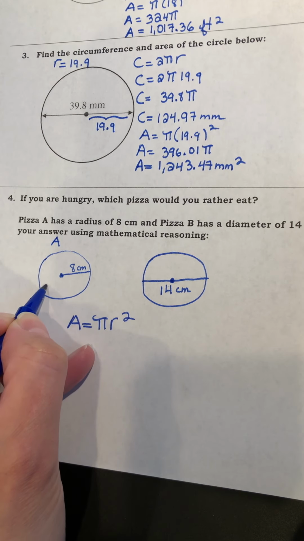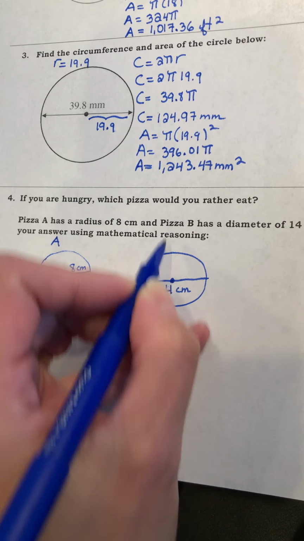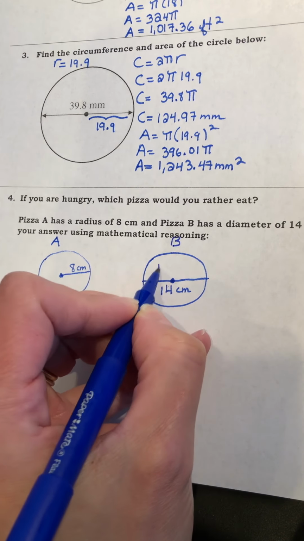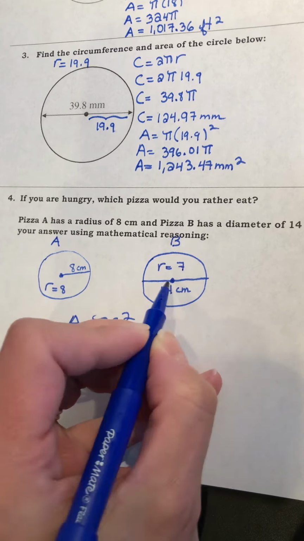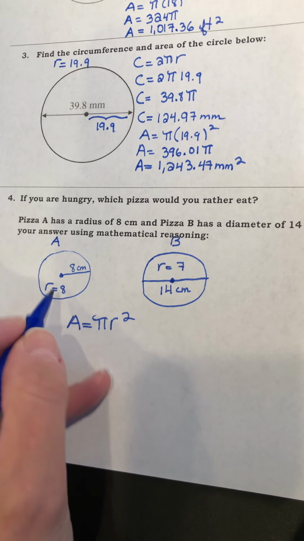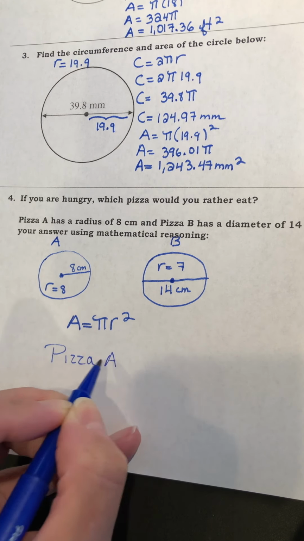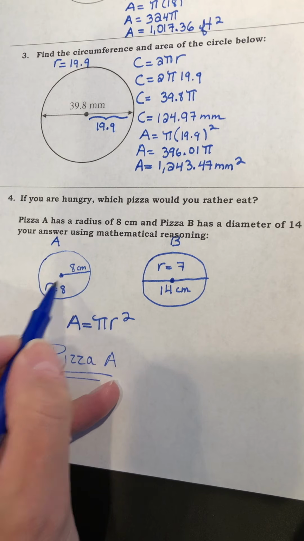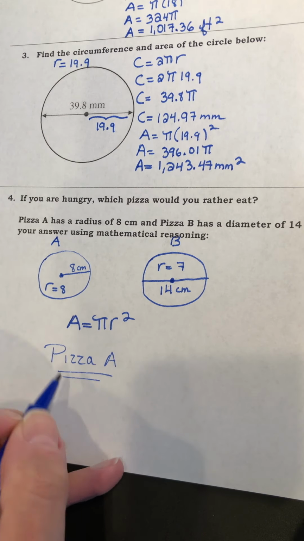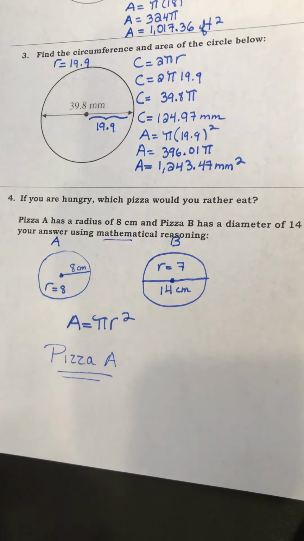The radius for pizza A is 8, but if the diameter in pizza B is 14, I know the radius is only 7, right? It's only half of that. So even without the calculation, mathematically, you can see that pizza A is the better choice, right? It has the bigger area because it has the bigger radius. And you could put this in your calculator, but that would be the mathematical reasoning.